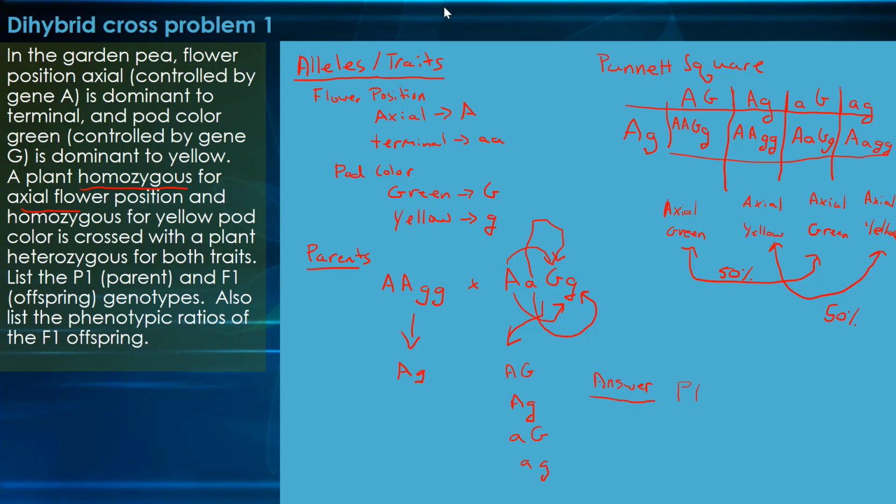Well, it's pretty straightforward. P1 is going to be AA gg, so in other words, axial and yellow, crossed with heterozygous, Aa Gg. There's our P1.